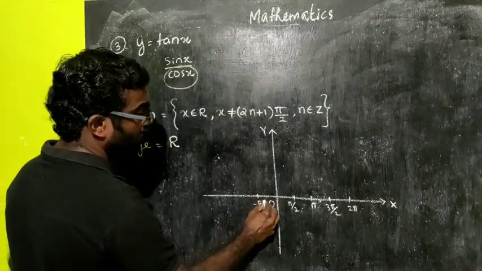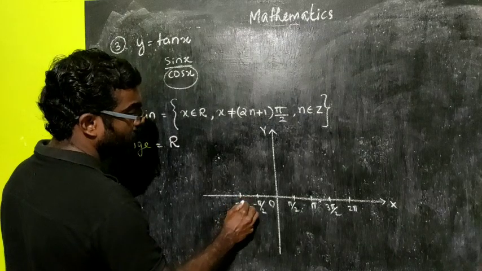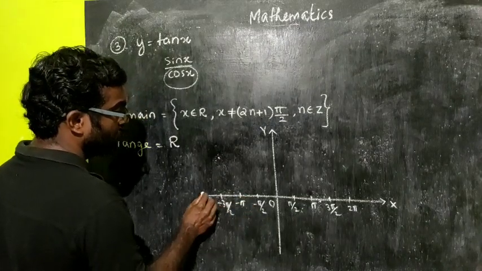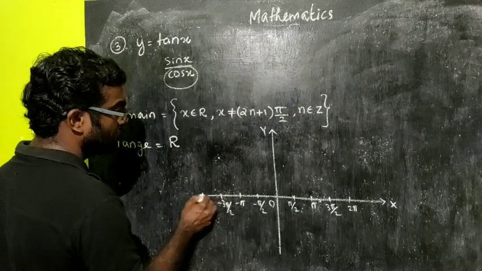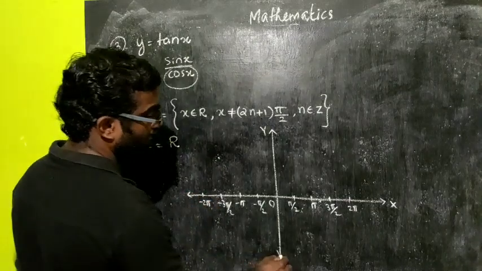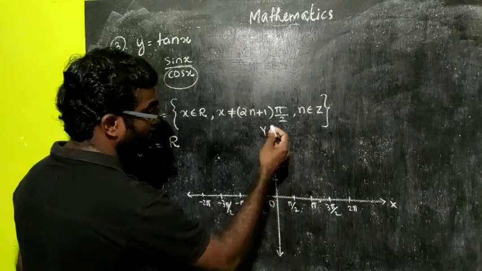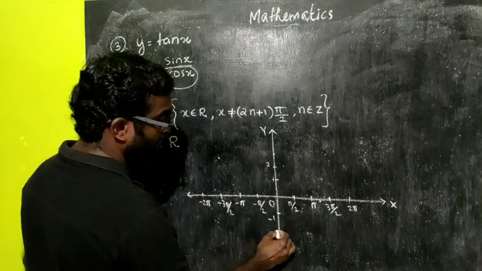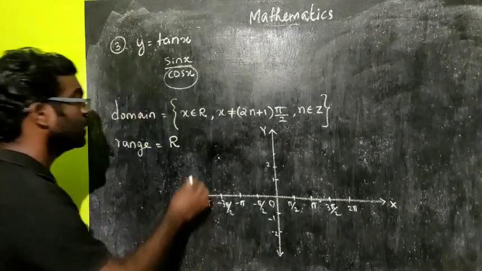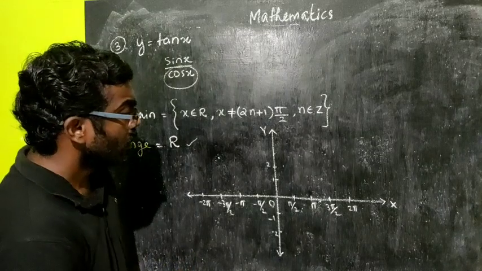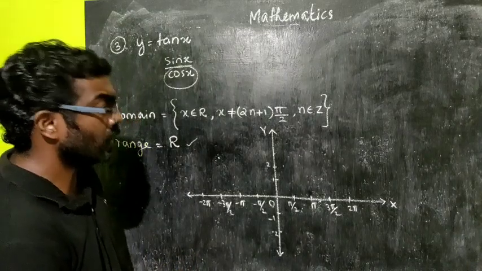Here minus pi by 2, minus pi, minus 3 pi by 2, minus 2 pi. Here we can mark 1, 2, 3 and so on, minus 1, minus 2, minus 3, etc., because the range is the set of all real numbers. Clear?